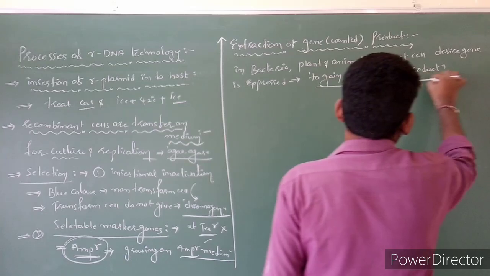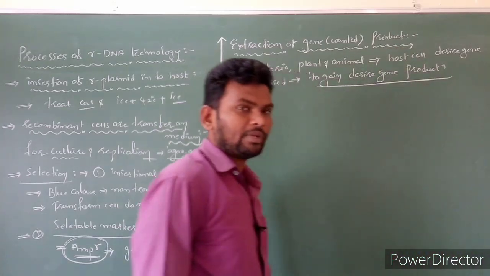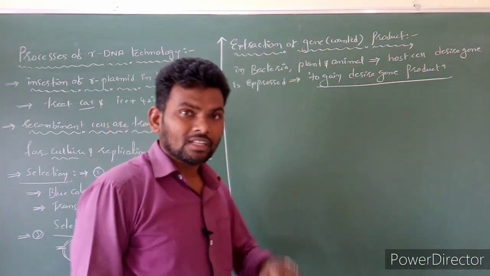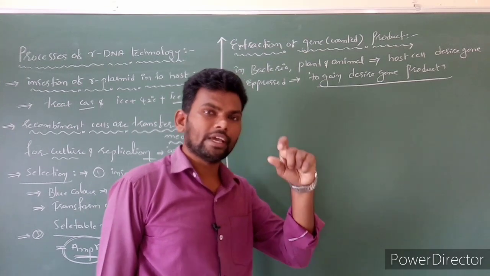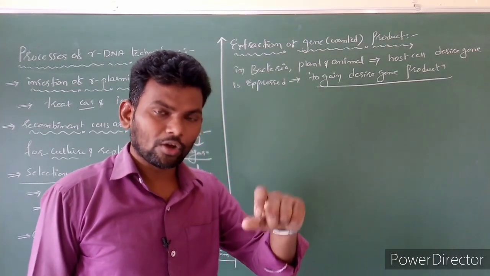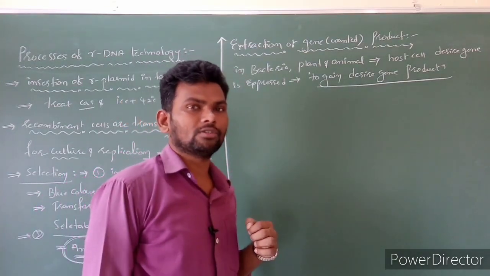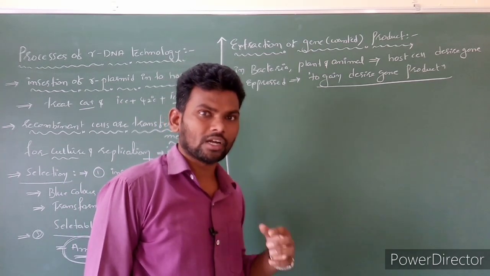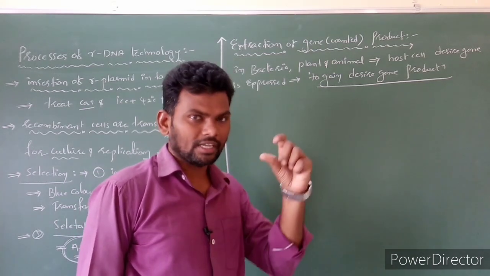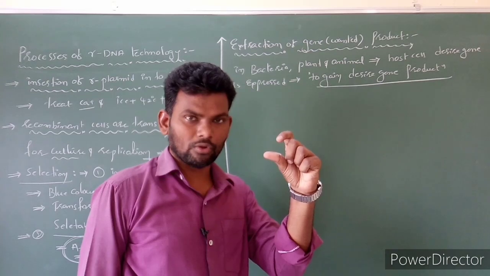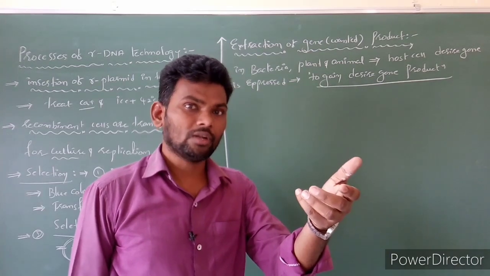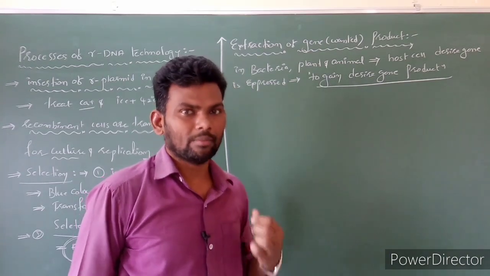Our ultimate aim is that the insulin gene should be expressed in bacteria. From E. coli bacteria we are going to gain the desired gene product, nothing but insulin. The insulin genes are going to code for insulin protein. That protein we are going to obtain.